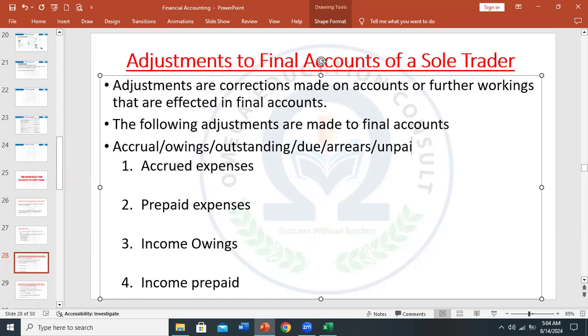So if you owe your landlord rent, then we could say that you have some rent accrued, or rent owings, or rent outstanding, or rent due, or rent in arrears, and then rent unpaid.